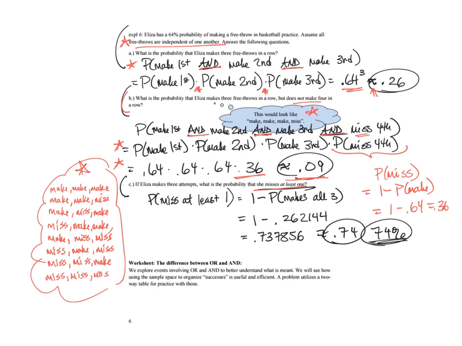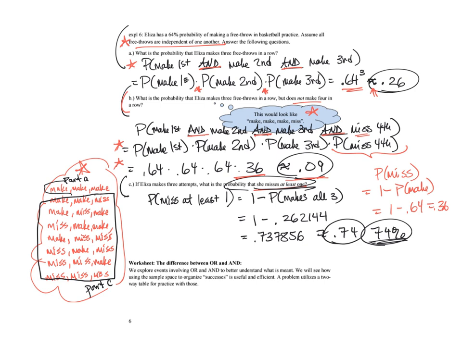So it's very, very similar. Now, I have those possibilities because, again, the make was the probability we found in part A. If I want to know the probability that she misses at least one, you will notice that all of the other outcomes that are possible are what we're looking for in part C.